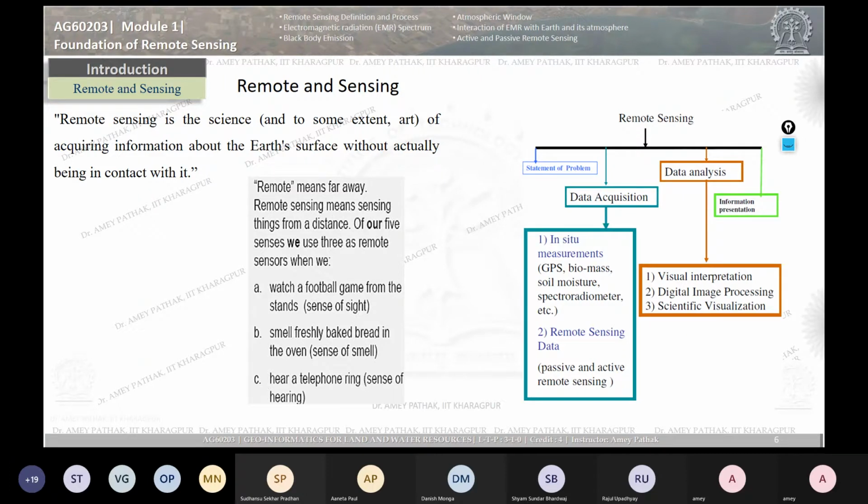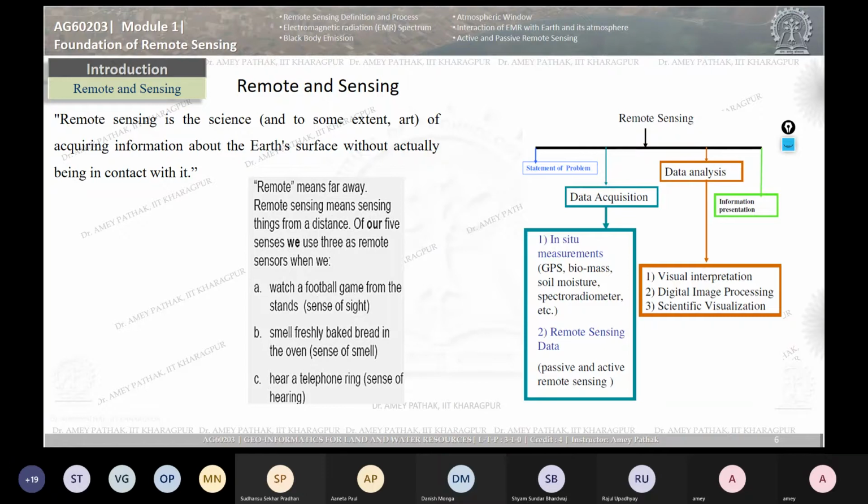Again, we have two approaches: in situ data collection and remote sensing data. In situ data means going to the field and measuring the variable. In this case, let's say we are using a spectroradiometer along with GPS. A spectroradiometer is an instrument that can be used to study the spectral reflectance of an object.